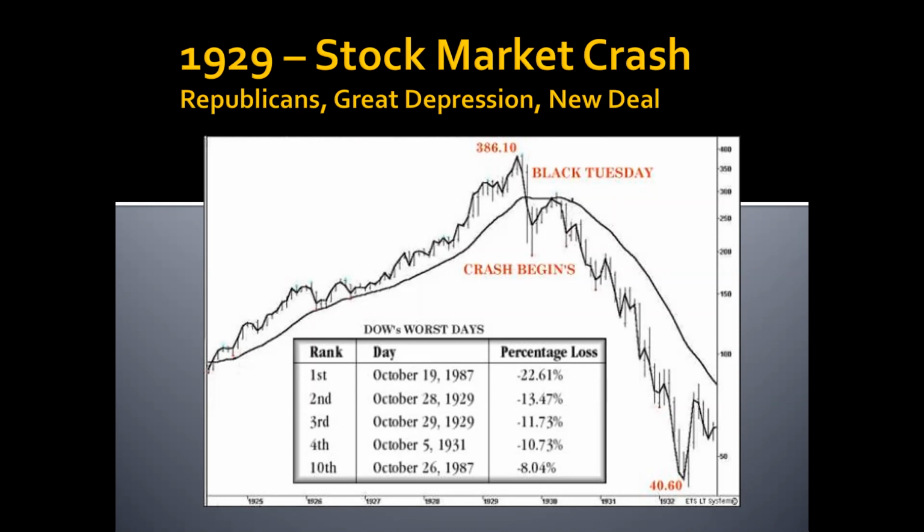And a lot of this is because of the Republican presidents during the 1920s. Republicans in this time period and still to this day believe in no regulation, which means the government does not involve itself with business whatsoever. They just let businesses do whatever they want.